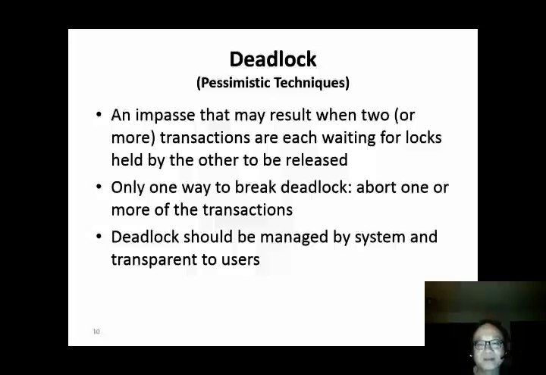In other words, the only way to break a deadlock is to terminate a transaction or transactions. Those terminated transactions are sometimes called victims. They will be restarted by the system later.